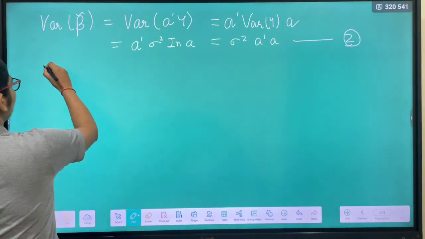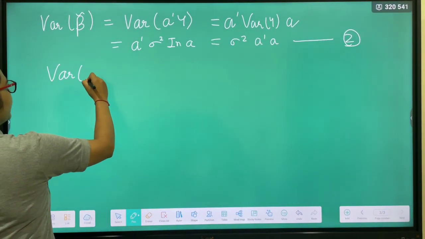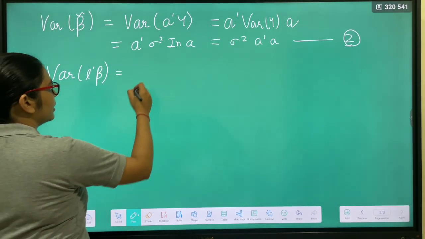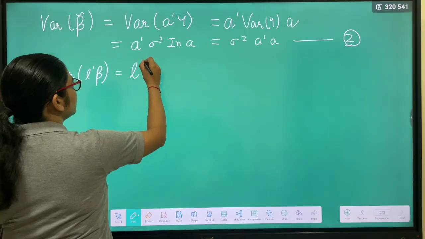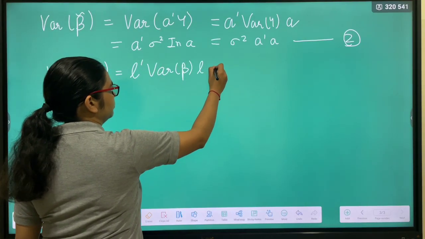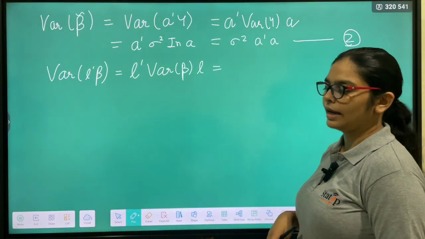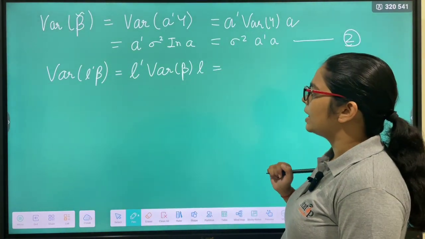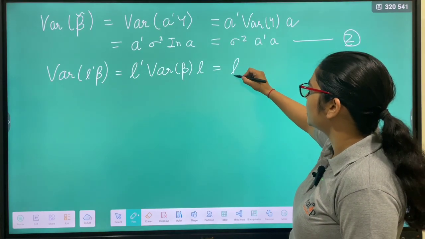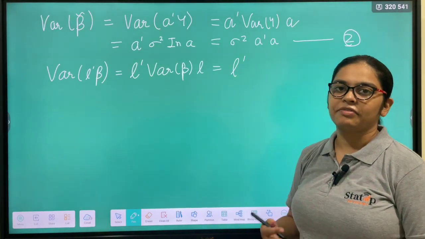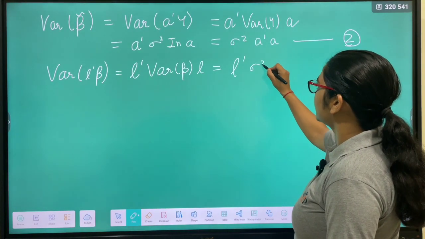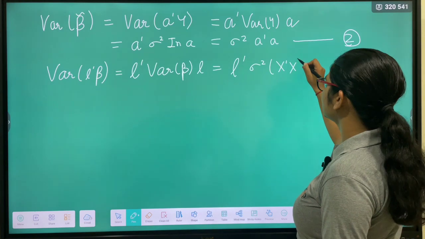Now again we will calculate variance of L'beta. Variance of L'beta is nothing but L' variance of beta into L. Now L' will remain as it is. Variance of beta, as we have calculated in the multiple linear regression model, is nothing but sigma square (X'X)^-1.